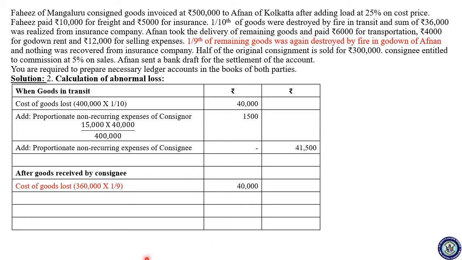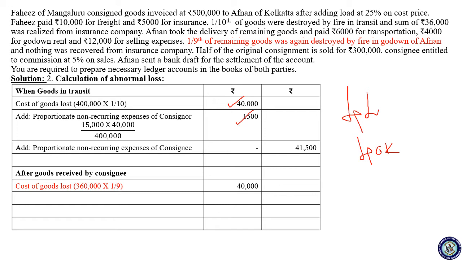Listen here. So the cost of the entire consignment is 4 lakh, out of which 1/10 were lost in transit itself. That is worth rupees 40,000, right? You don't add the recurring expense. This we add because some expenses have been incurred on it. But what is the actual cost? Actual cost is 40,000. To manufacture the goods you incur, sorry, 4 lakh. In that 1/10 means 40,000, so 40,000 is the cost incurred for manufacturing the abnormal loss units.